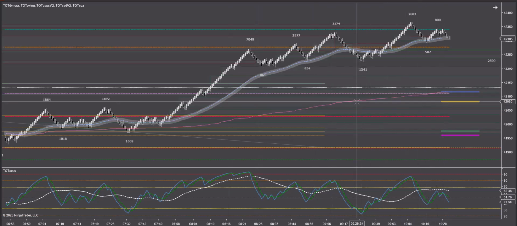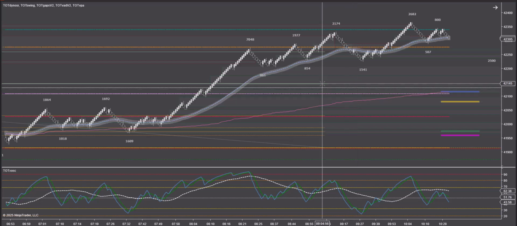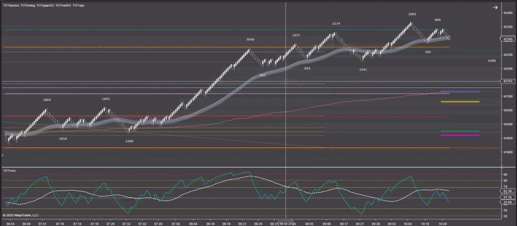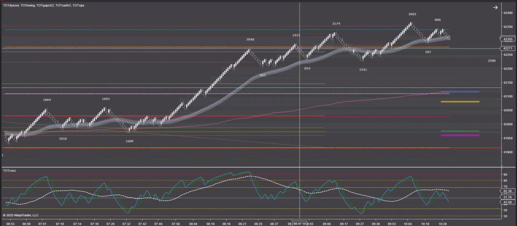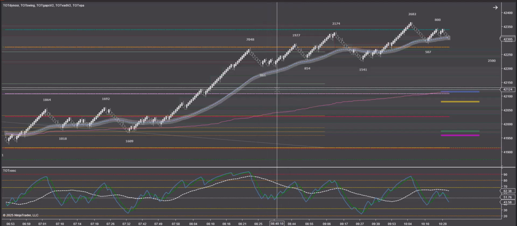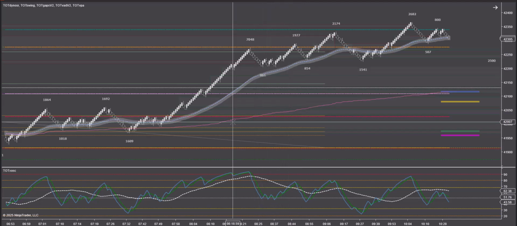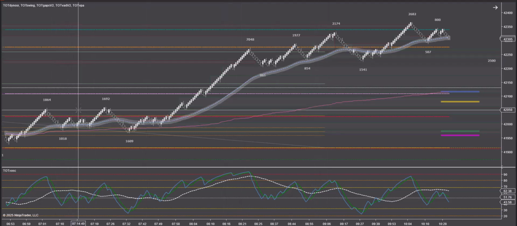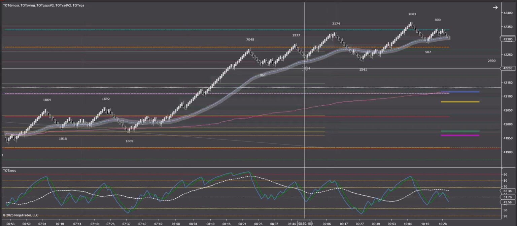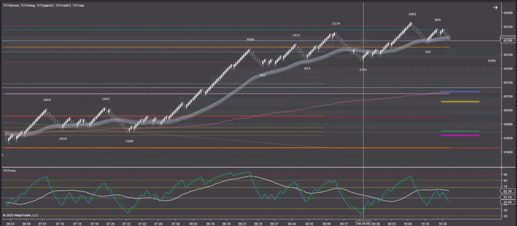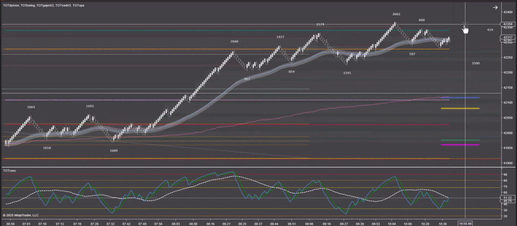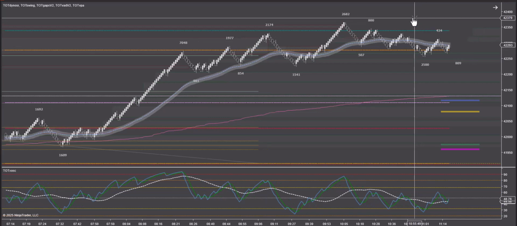So again, this happens 20% of the time. When this happens, we have to make sure we're utilizing structure if we're trying to reverse back to the VPN. Now, once it doesn't come back to the VPN on the break of the morning trading range, that's when we have a really good understanding that we're most likely going to go towards the end of the day before any of this is going to fizzle out.